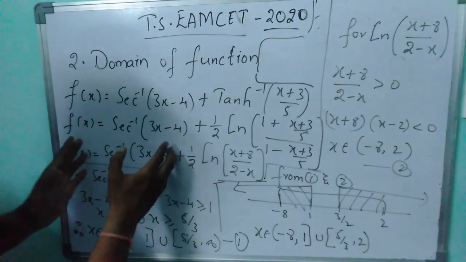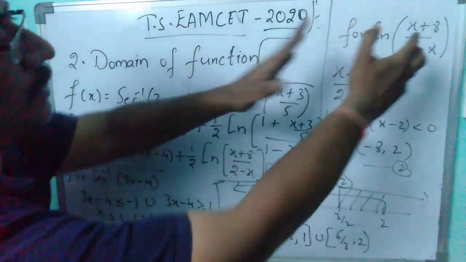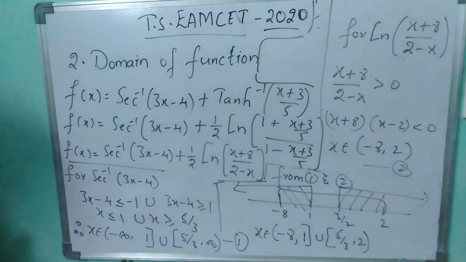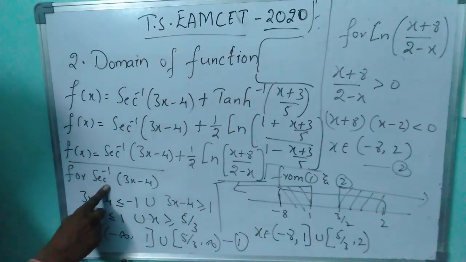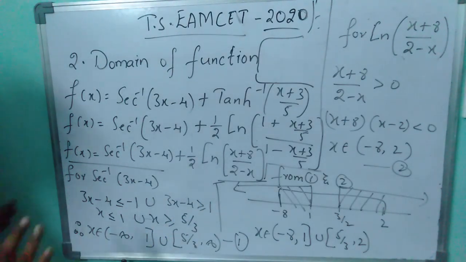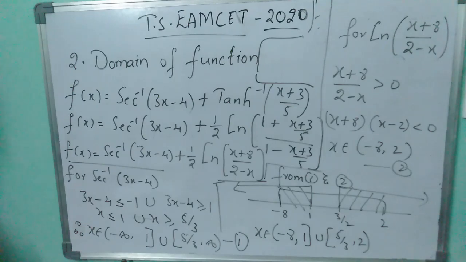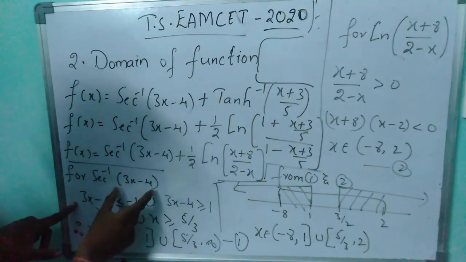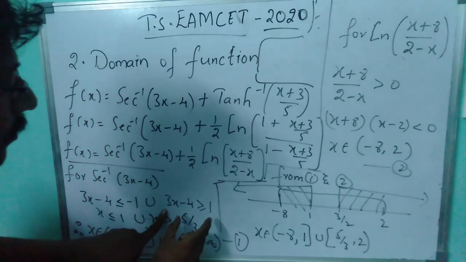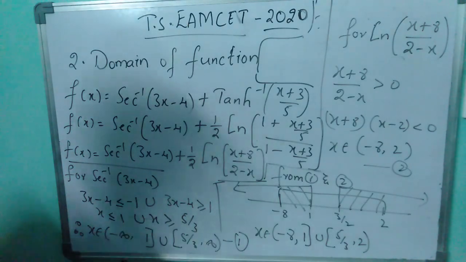Now let me consider each one and evaluate those, and we have to find the domain of the function. So for secant inverse x, the limits will be other than minus 1 to 1, on either side of minus 1 to 1. So here I'll take 3x minus 4 less than or equal to minus 1, union 3x minus 4 greater than or equal to 1.